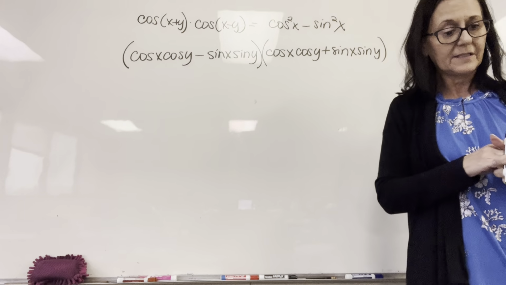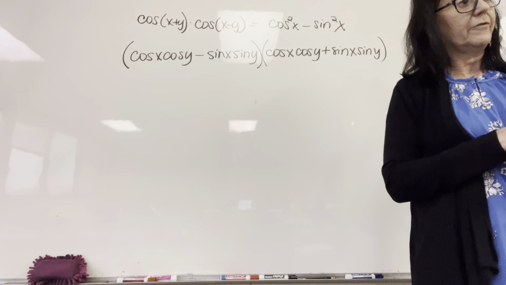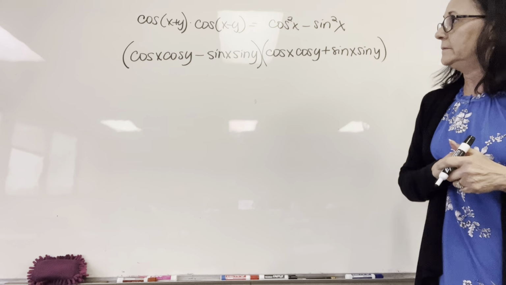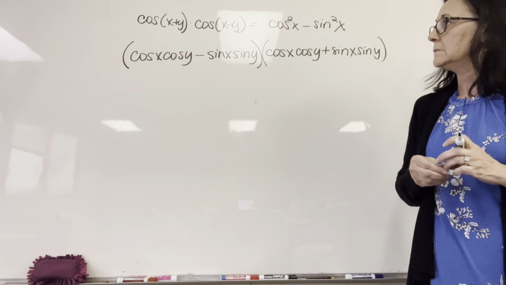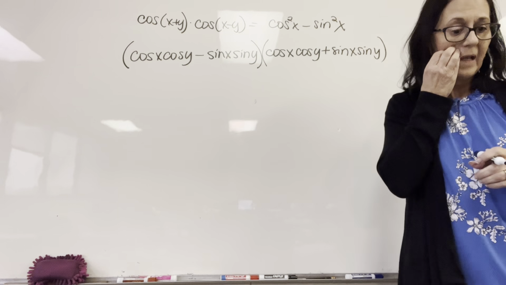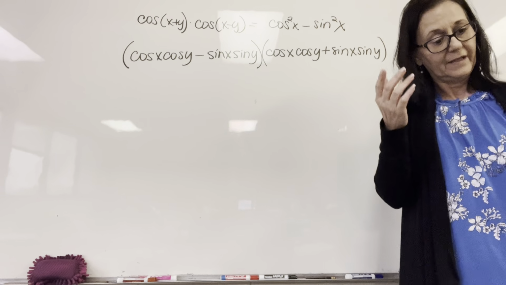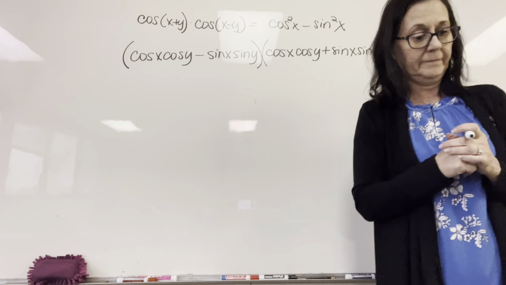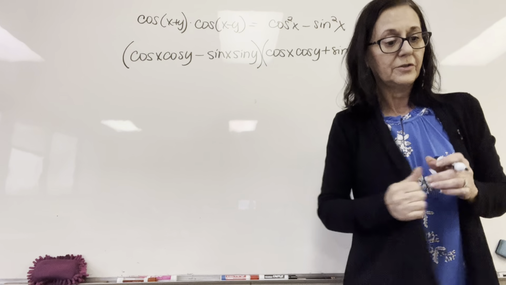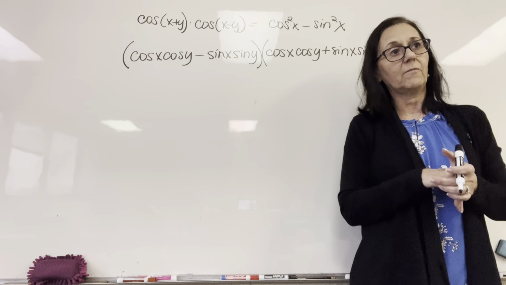Because I only have x's and y's. I don't really have a value for u and a value for v. And it just looks like that's where I needed to go, because it looked like the sum and difference, as opposed to the sum. It wasn't like cosine x plus cosine y.